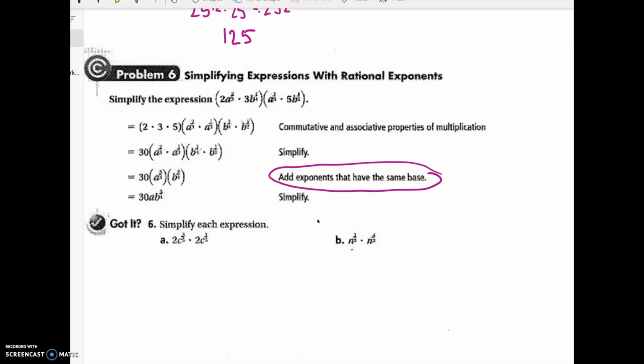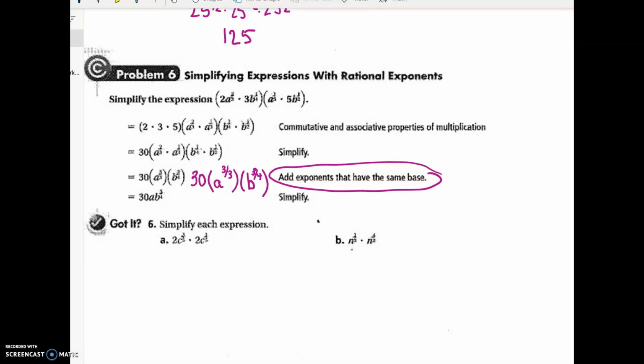So that should say 30, and it looks like 3/3. So this step should say 30, and then in parentheses, that's a to the 3/3 power. And then we have b to the 3/4 power.